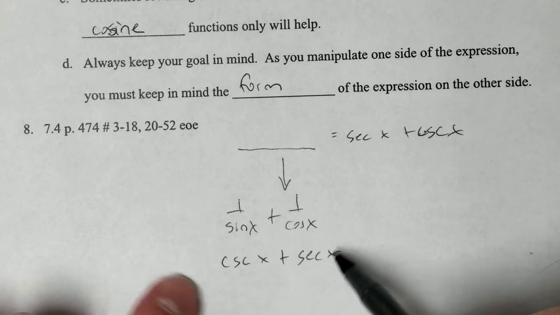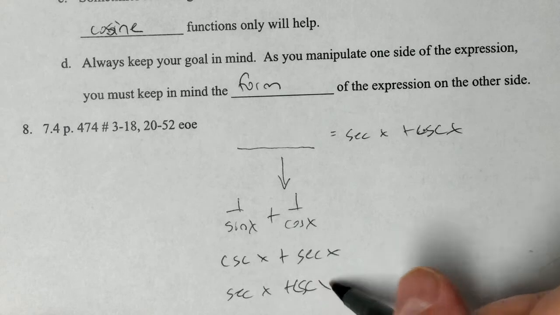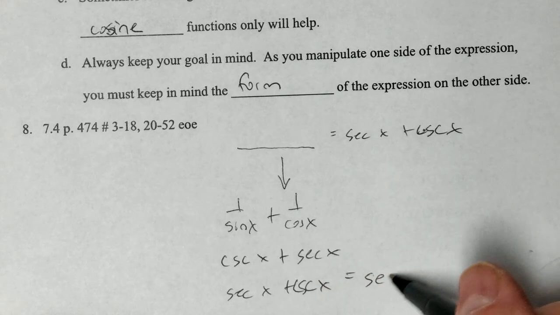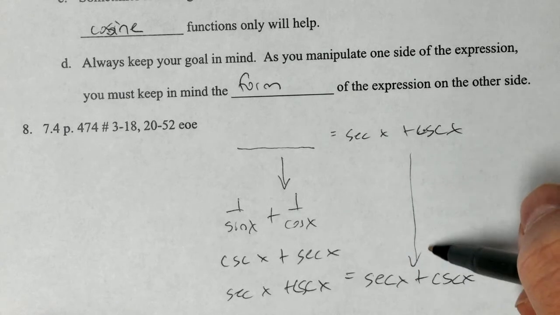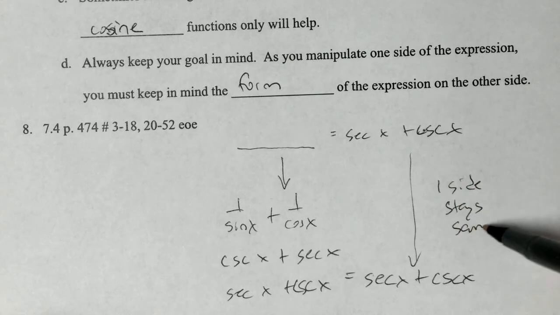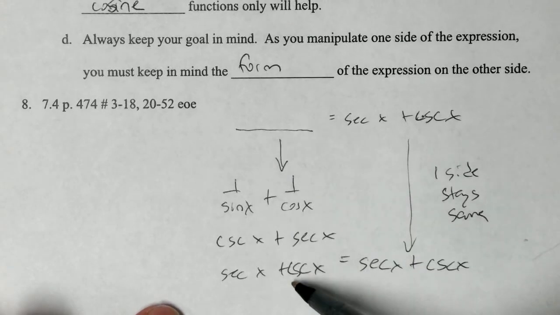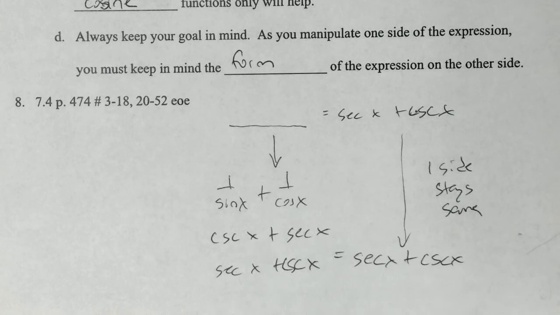And then you're going to have to reverse it to say secant x plus cosecant x, equal to secant x plus cosecant x. So in other words, one side is going to stay the same, and you're going to have to change one side to match. So that's just a random example. We'll do more examples in our book work.